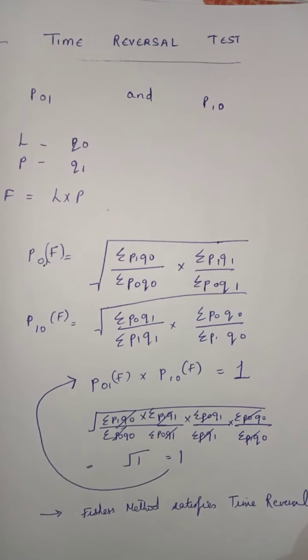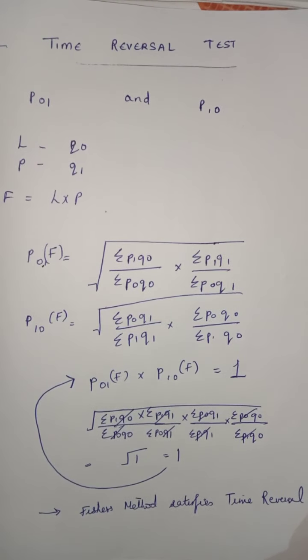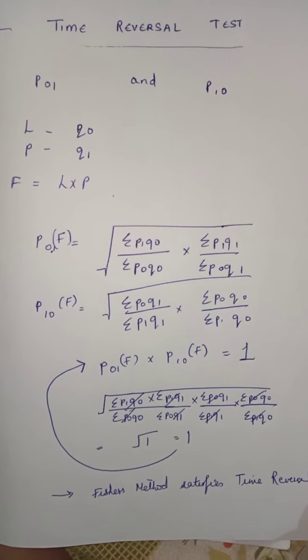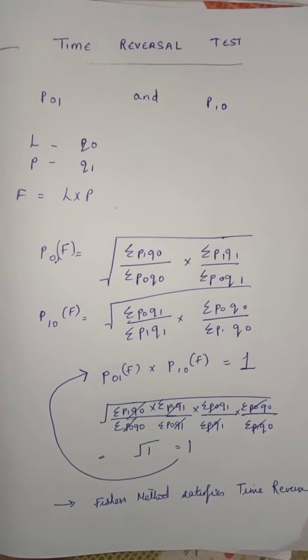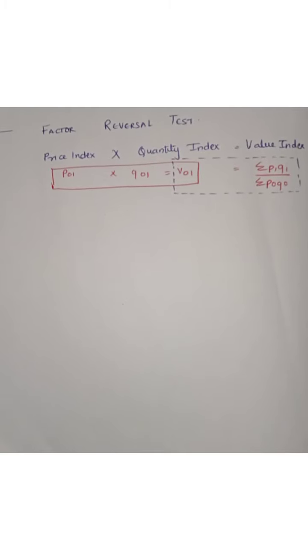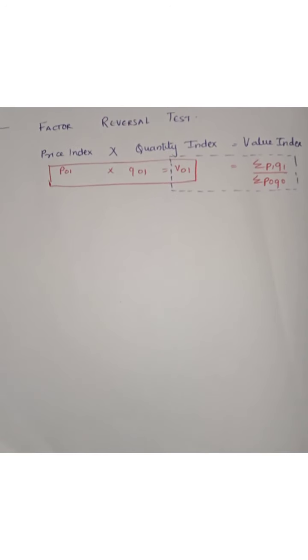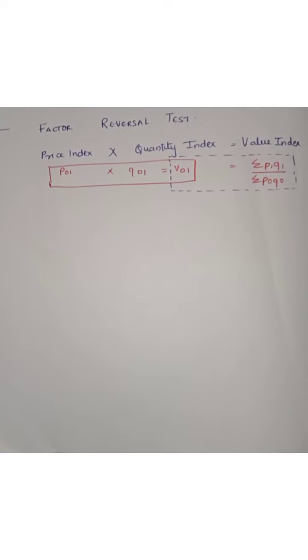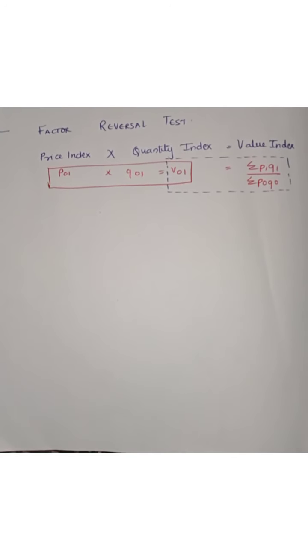So this is the reason why we call Fisher's method the ideal index number, since it satisfies the consistency test of time reversal. Now the second method is factor reversal test. We know that the product of price index and quantity index gives us the value index.